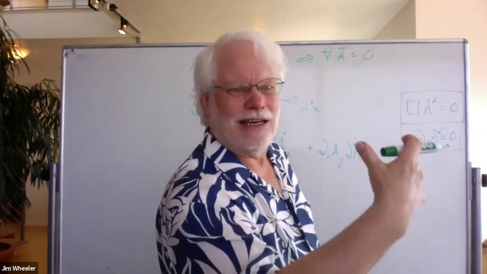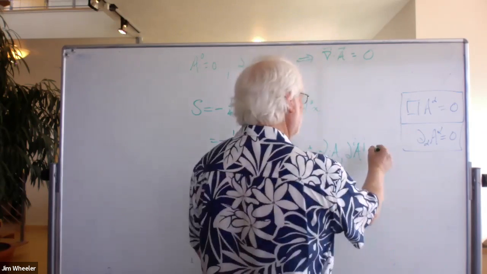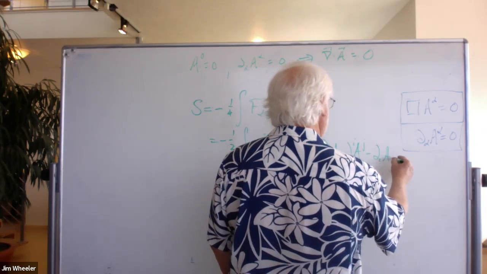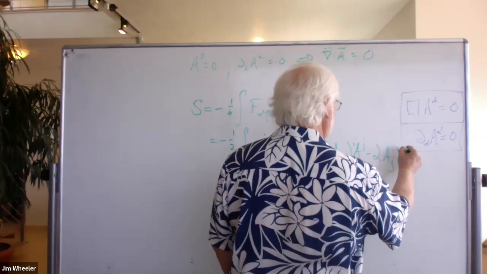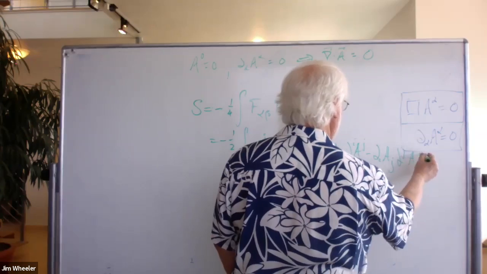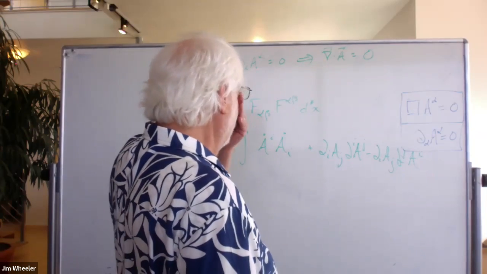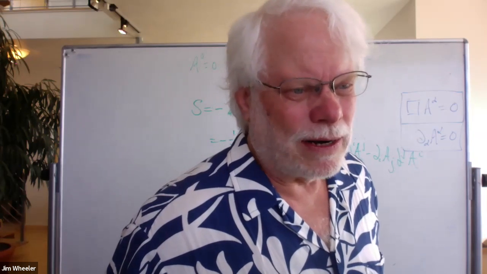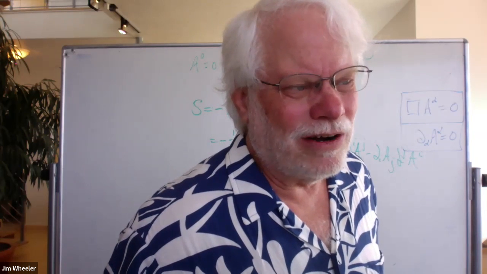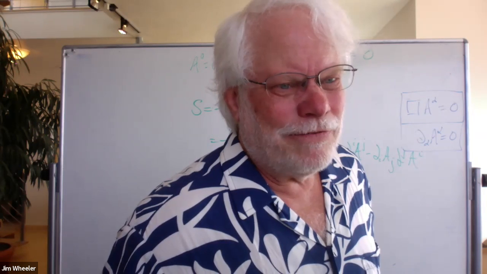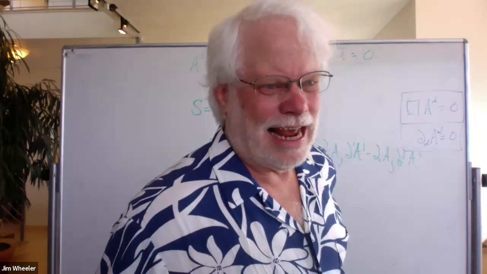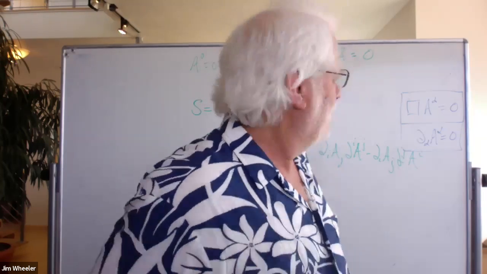We also have it the other way around, minus d_i A_j d_j A_i. So that's probably 2F squared, so we've canceled a 2 here. And if we vary this, we get rid of the half and we integrate both arms.